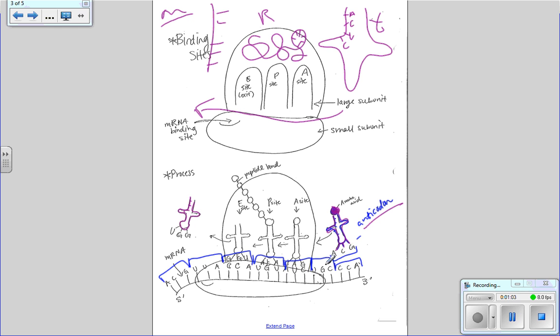And then the mRNA, once it gets to translation, we view the mRNA in sets of 3 nucleotides. These sets of 3 nucleotides are going to each match up with a particular anticodon.